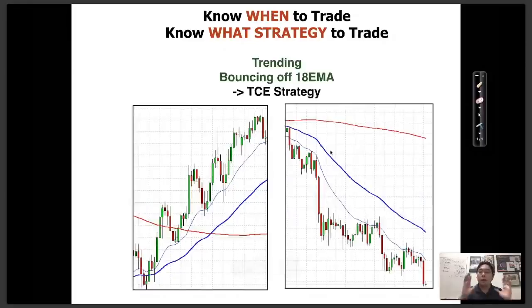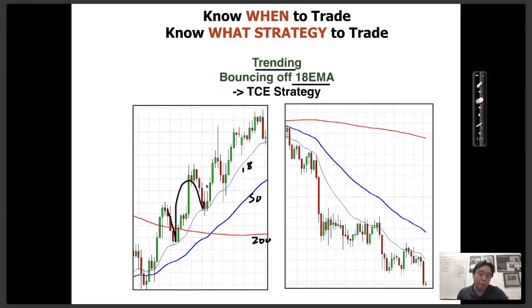Okay, the next pattern I look for is again trending, but this time bouncing off the 18 EMA. So again, this light blue line is the 18, that's the 50, that's the 200. Notice this is a trending pattern and it's bouncing off the 18.